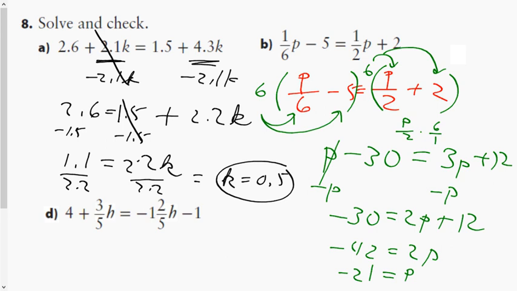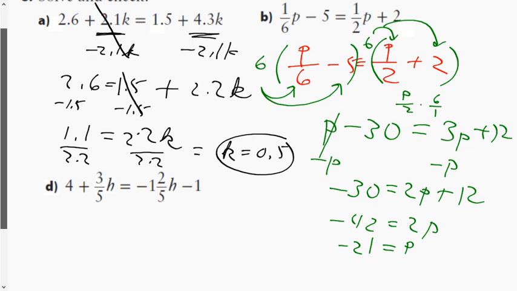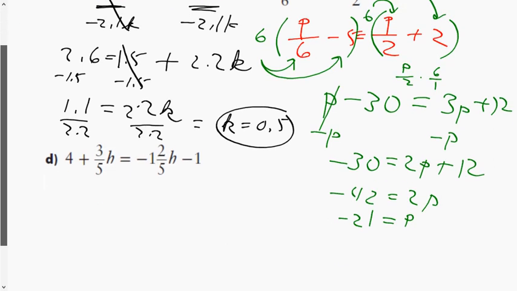D looks very complicated because we have both fractional coefficients on the left and a mixed fraction coefficient on the right. But I'm going to rewrite it. Remember, 3/5 h is the same thing as 3/5 times h, which is the same thing as 3h over 5, right? That's important to kind of know because I'm going to rewrite it like that.